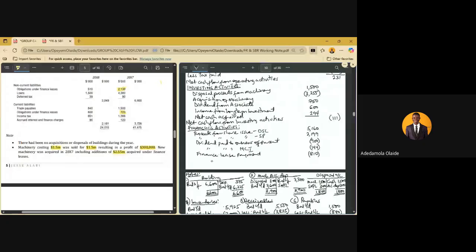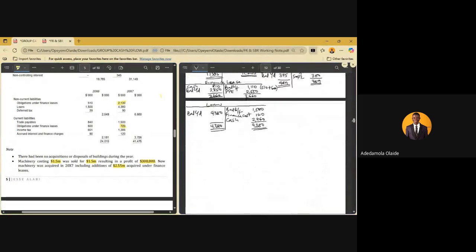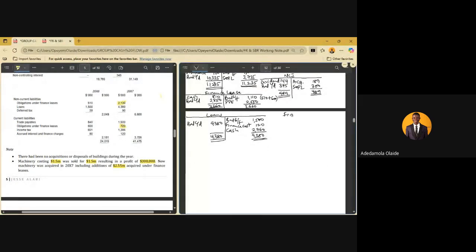So we have proceeds from loan, 2760. Then the finance charge or finance cost.